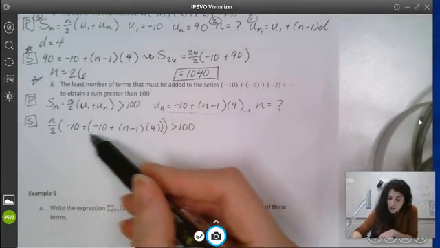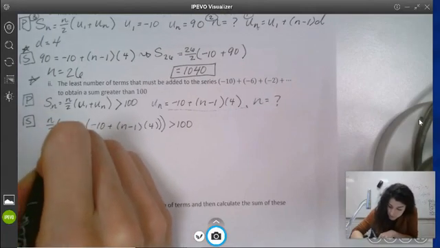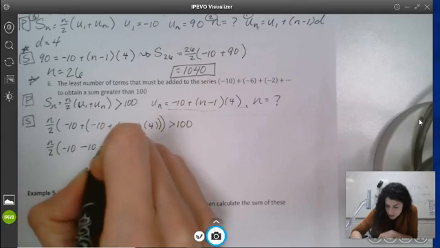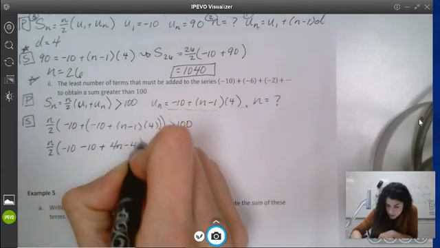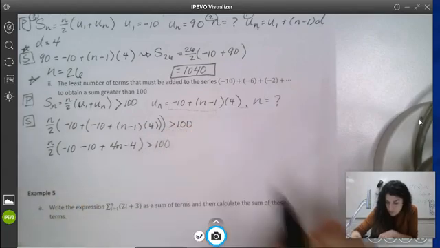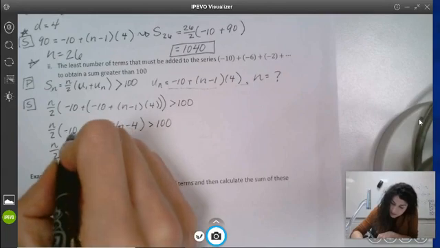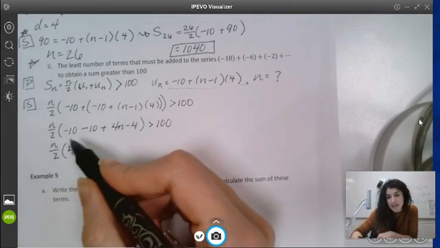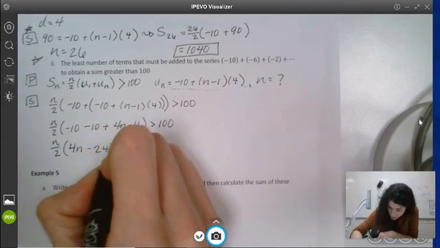We're going to combine terms first within this parentheses. Negative 10 minus 10 plus, and I'm going to distribute that 4. That becomes 4, negative 10 minus 10 is negative 20, minus 4 is negative 24.